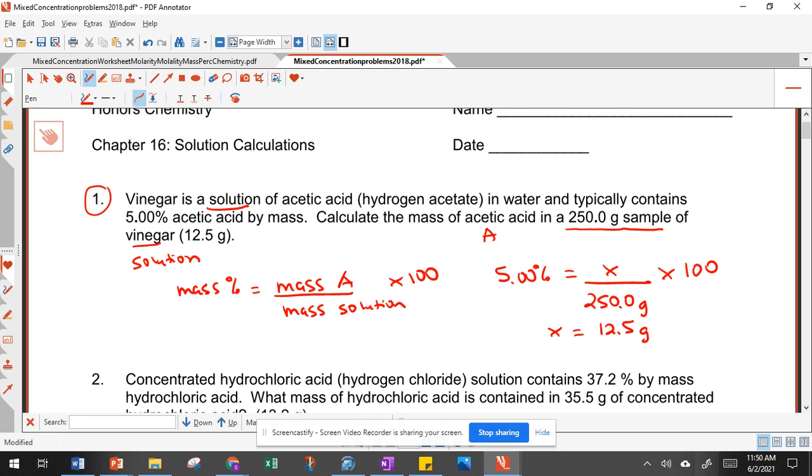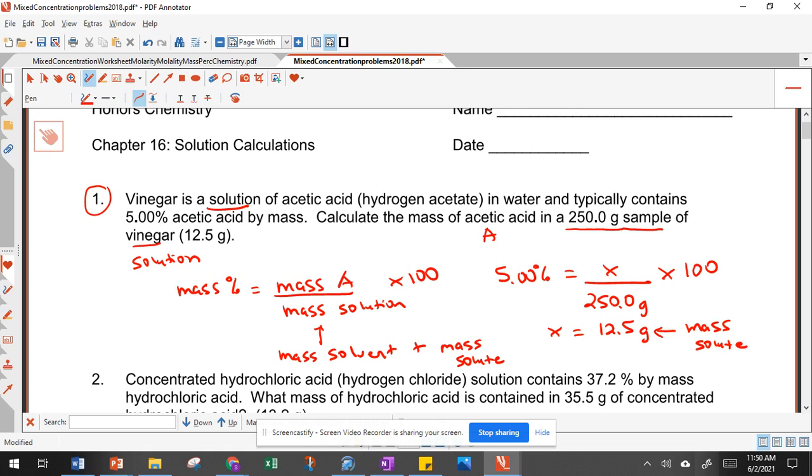One thing you have to remember is that the mass we had of vinegar, this 250 grams of vinegar, is actually the mass of our solvent plus our mass of our solute. This is our mass of our solute we just found.